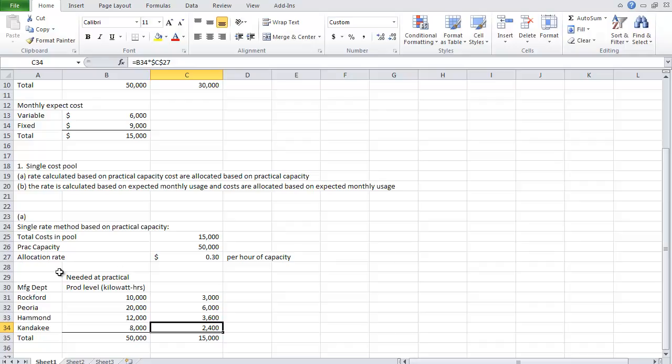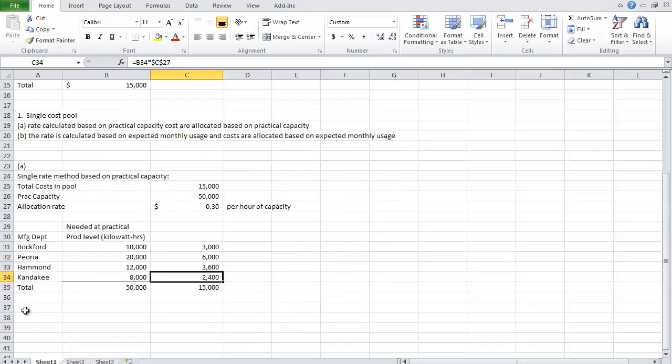Now, number 2 in the book asks us to move forward and calculate using a dual rate method. And it says we're going to calculate it based on separate pools for variable and fixed.